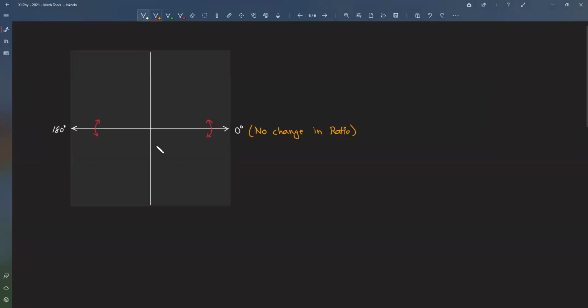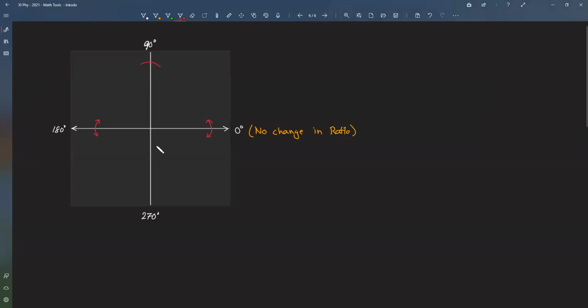But on the other axis, where there is 90 degrees or 270 degrees, or if you come to this in the second cycle, it will be 360 plus 90, that is 450 degrees. In that case, what do we observe?